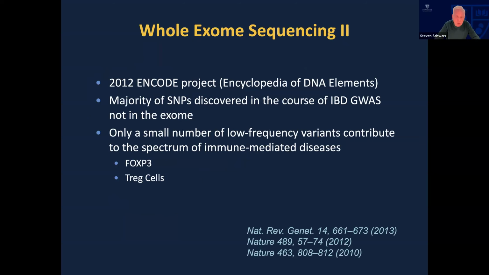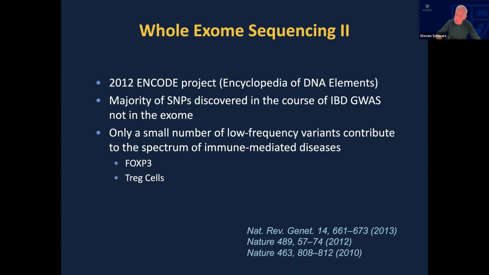Whole exome sequencing was conducted as a large ENCODE project where an encyclopedia of DNA elements was put together, and a majority of single nucleotide polymorphisms were, however, discovered in the close of IBD genome-wide association, and the majority of these SNPs are not in the exome.